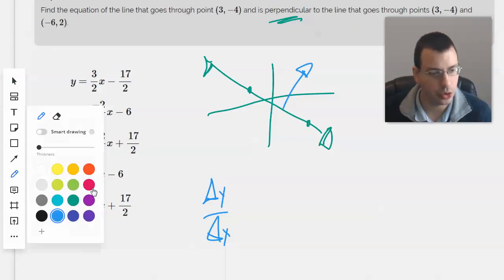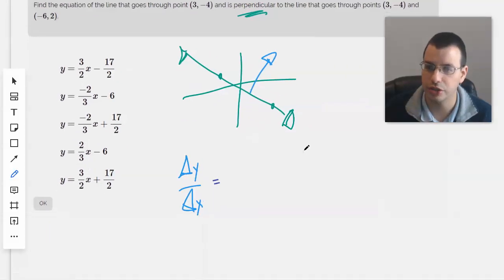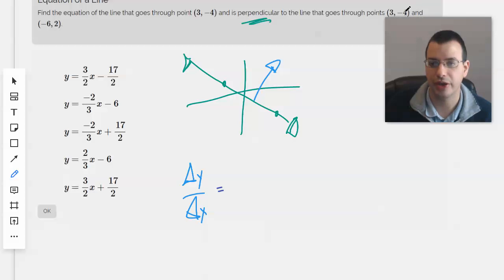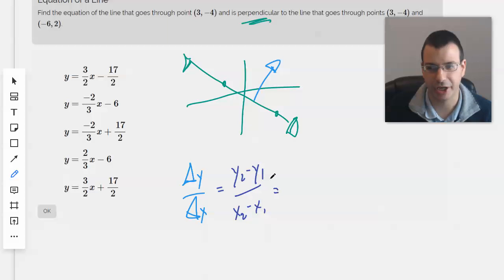And so what we're going to do then is, it doesn't matter which one is y2 and which one is y1, as long as you're consistent. So we'll start with (3, -4). This will be y2, just because that's the one I want to subtract first. Is there a reason for that? No, not really.